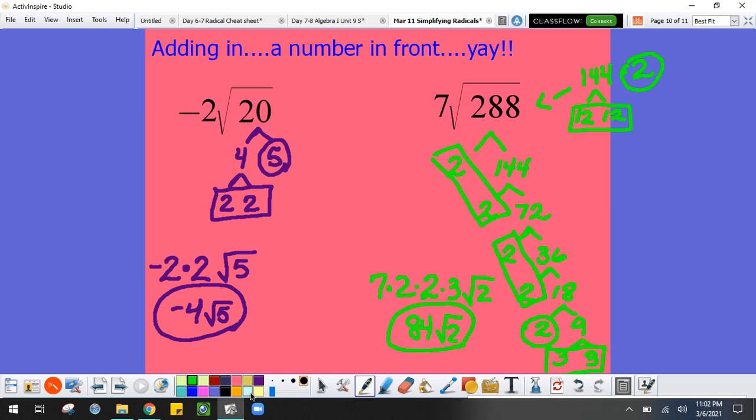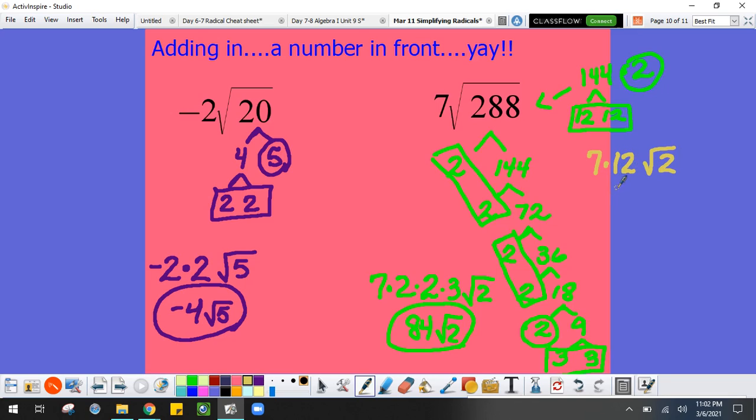Now let's step back to where I started up here, where I said, when I look at this, I actually do think of 144 times 2. And I know 144 is 12 times 12. So I automatically have a pair of 12, which I would take with the 7 that's already there. I would take the 12 that I just got and leave the 2.